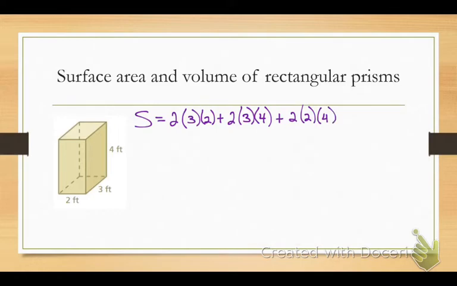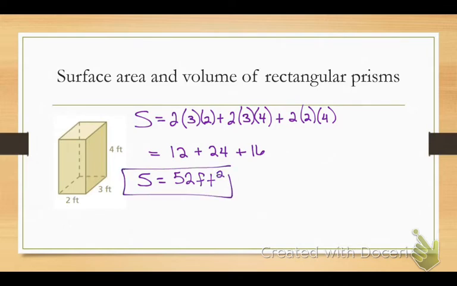All right, so I know that's a lot of multiplication. We have 2 times 6, which is 12, plus 2 times 12, which is 24, plus 2 times 8, which is 16. And then when you add all this together, the surface area is 52 feet squared, which is what Aiden said. So great job. Okay? All right, so that's surface area.